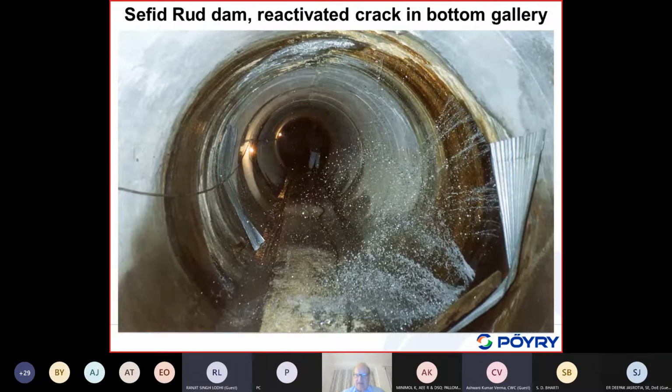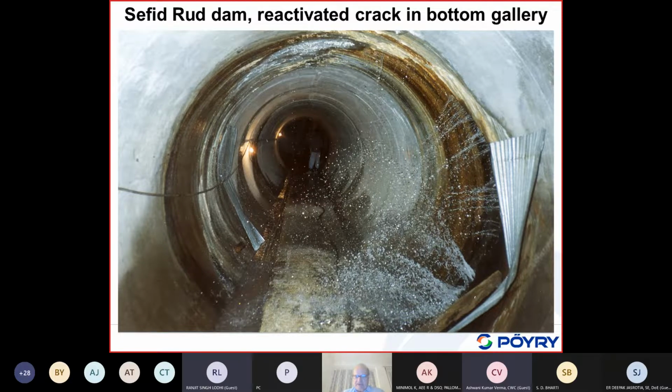This is now a fissure. It's a crack here because the dam is located on two geological formations, I think andesite and basalt, and at the interface there was already a crack.